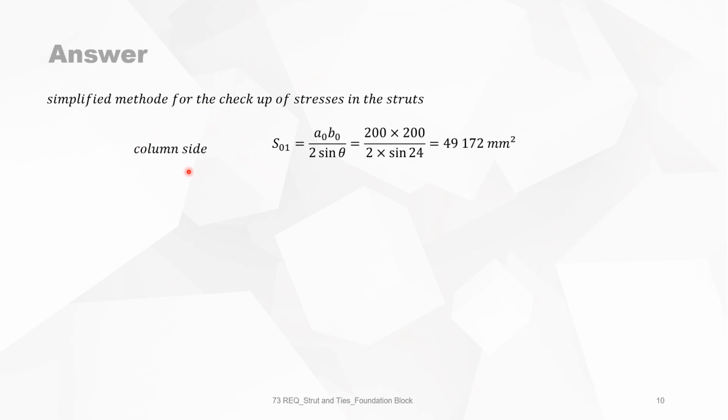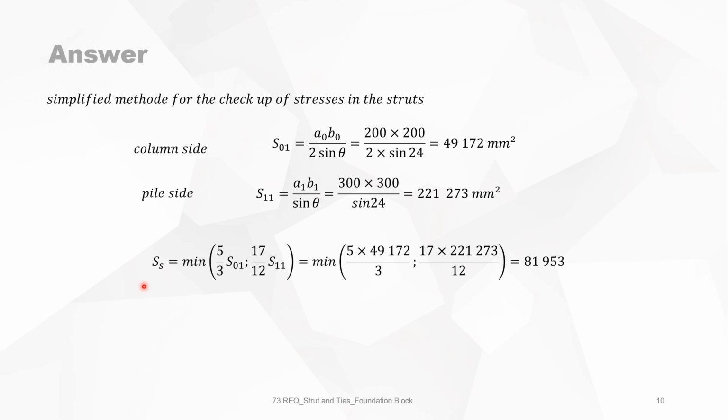It means that on the column side, the cross section will be equal to 49,272 square millimeters. On the foundation pile side, the cross section will be 221,000, and the cross section that we will take for the check is the minimum of 5/3 of S01 and 17/12 of the cross section S11.